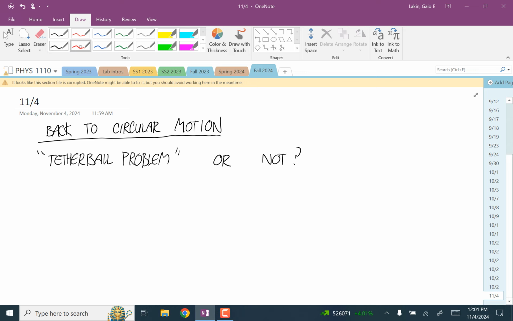And for the other stuff, if it's not a tetherball problem, I gave a set of steps. So I'm going to do one more example problem of that type, just to remind you of the approach.